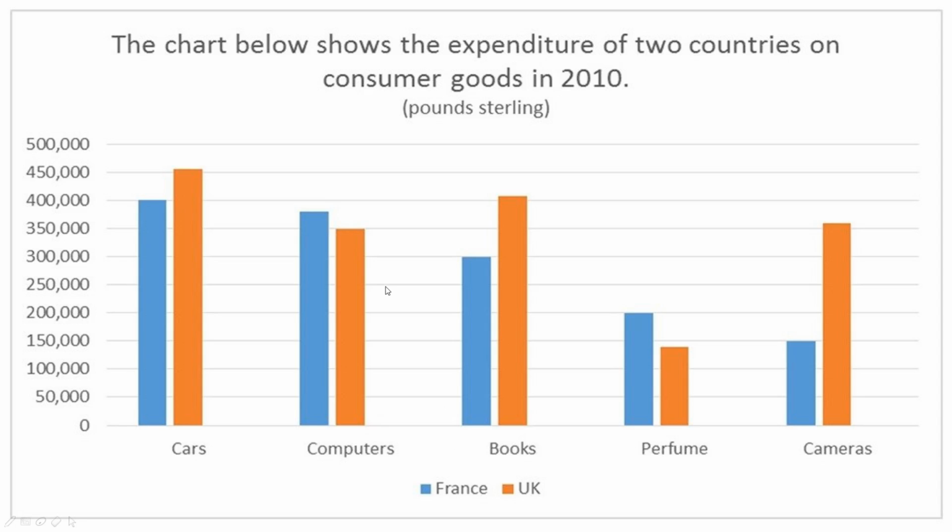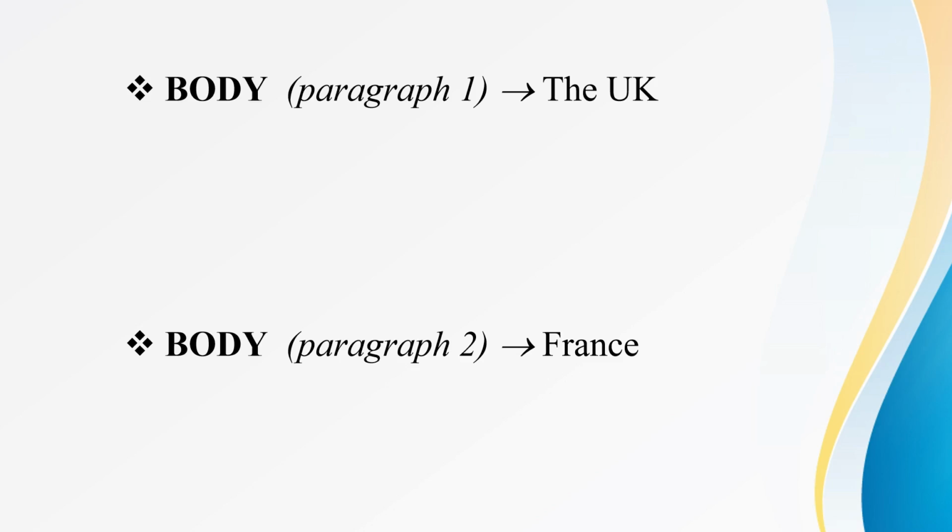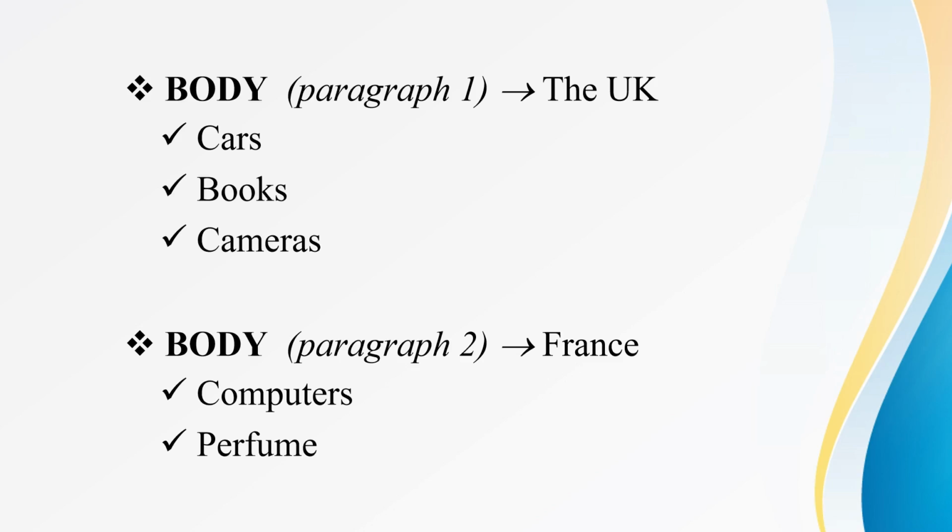So we can put it into 2 paragraphs, paragraph 1 and paragraph 2. In paragraph 1 we maybe talk about the UK, and in paragraph 2 we talk about France. It makes it clear when we write paragraph 1 with cars, books, and cameras, and paragraph 2 about computers and perfume.